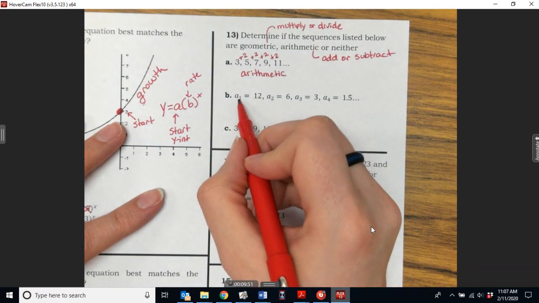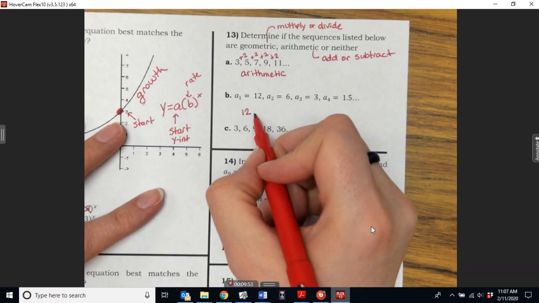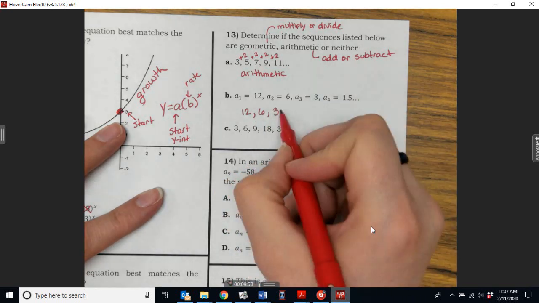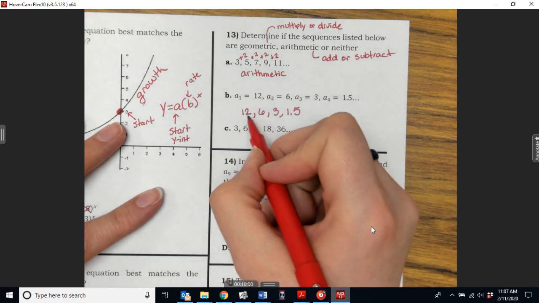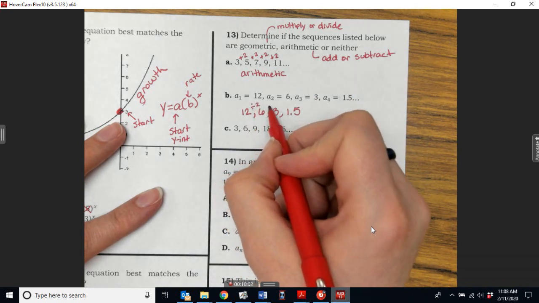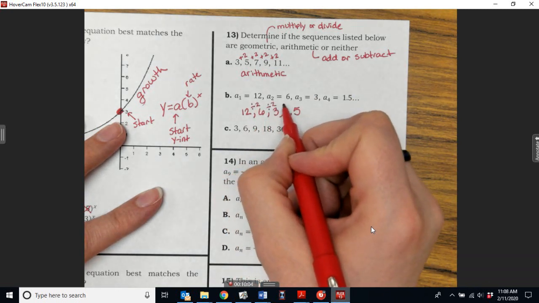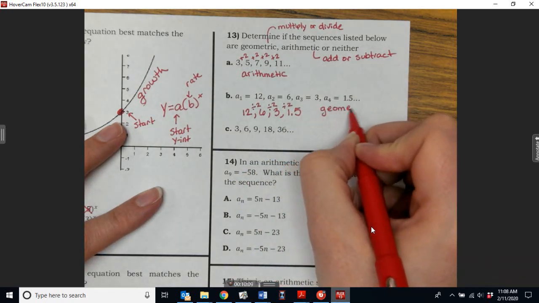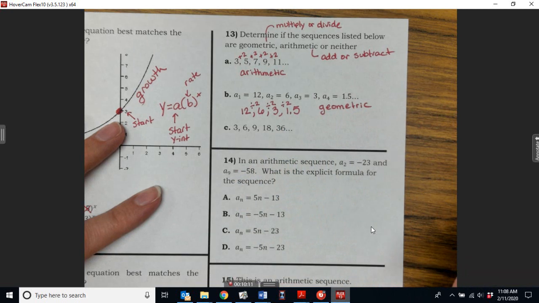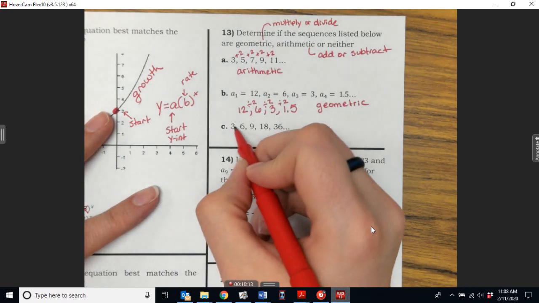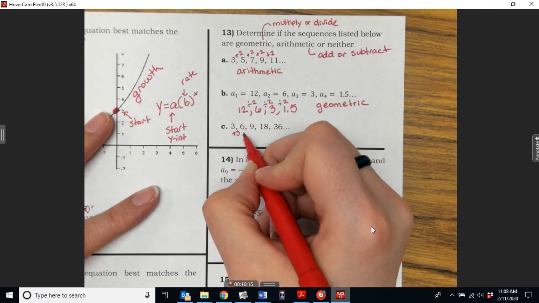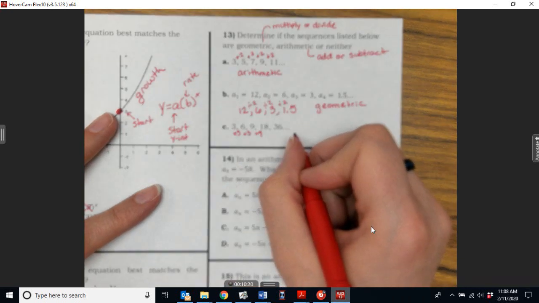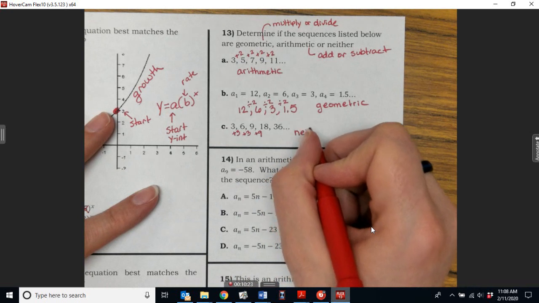On letter B, this is saying the first term is 12, the second term is 6, the third term is 3, and the fourth term is 1.5. And every time I divide by 2 to get to the next number. So this is geometric. And then on letter C, I could add 3, but then I would add 9. So that's not going to work, so it's neither.